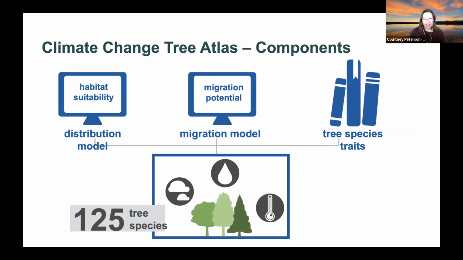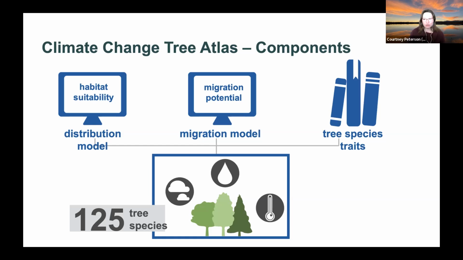So the Climate Change Tree Atlas is, again, this web-based tool, which includes 3 main components. The Tree Atlas really brings together information about habitat suitability, which is powered by a distribution model, migration potential, which is estimating the potential colonization likelihood of these suitable habitats for these different tree species, and finally, tree species traits, which are used to help evaluate the potential adaptability of those individual tree species based on different biological and disturbance factors.